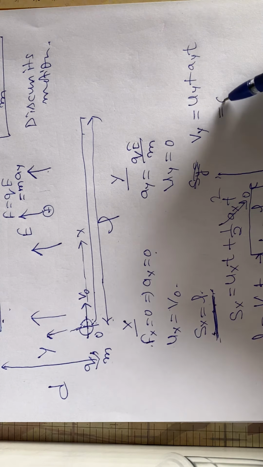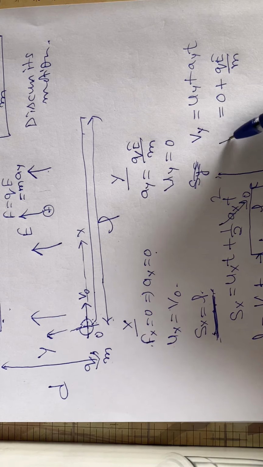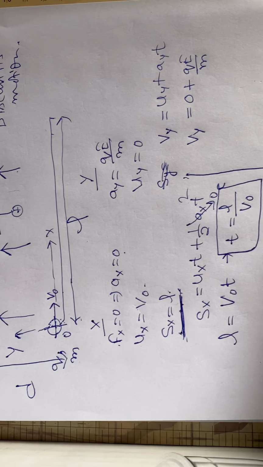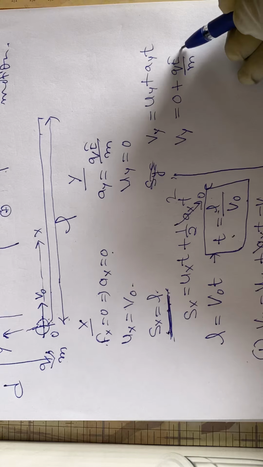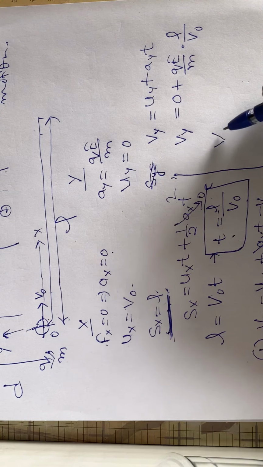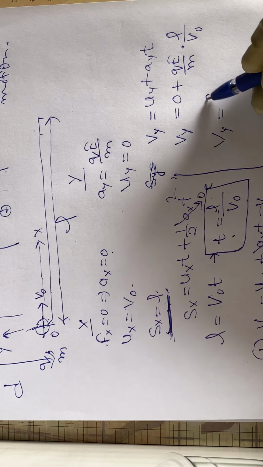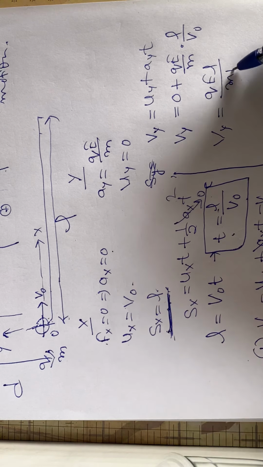Since the initial velocity was 0, ay is qE upon m, and the time taken to cover the distance L comes out to be L upon v naught. So we get the velocity along the y-axis as qEL upon m v naught.